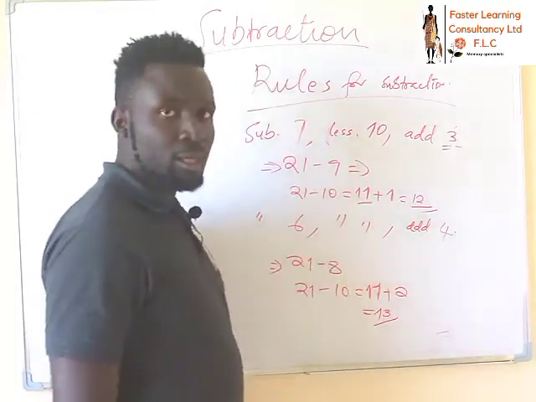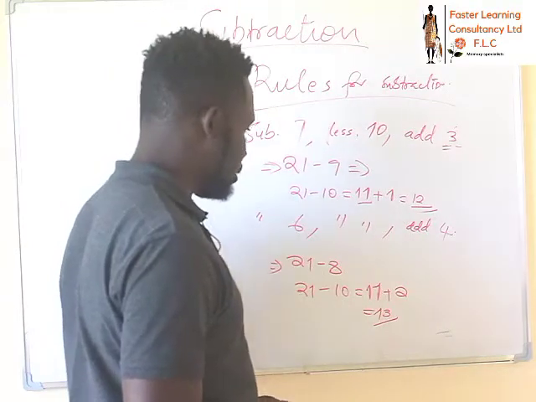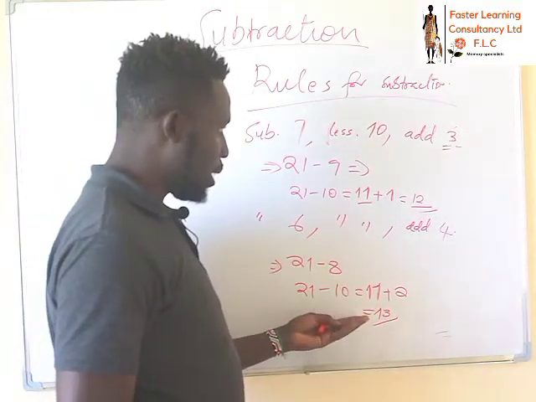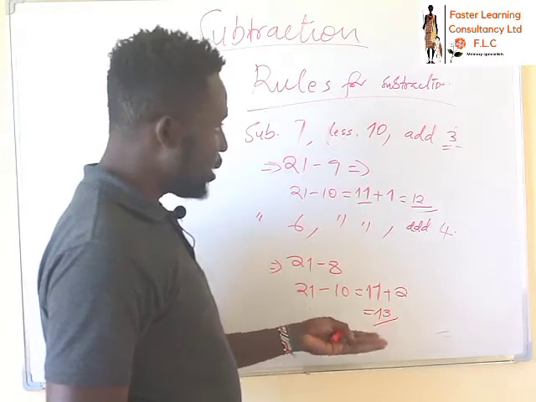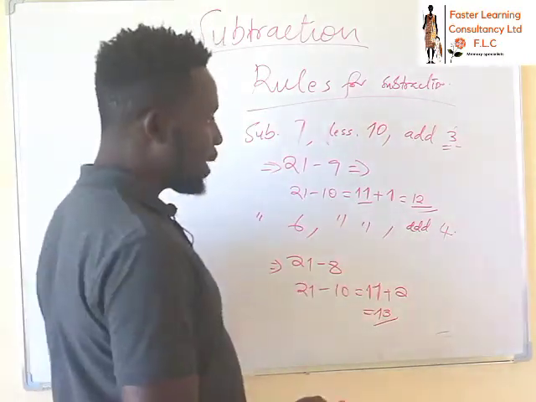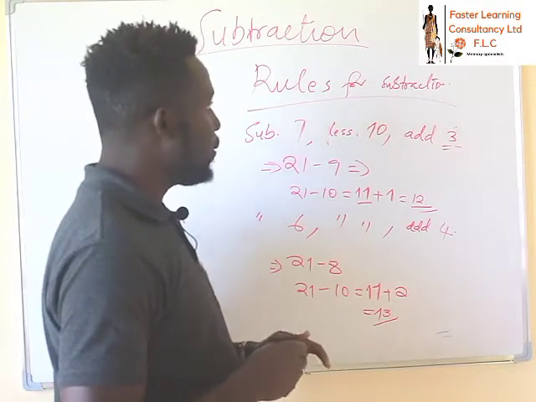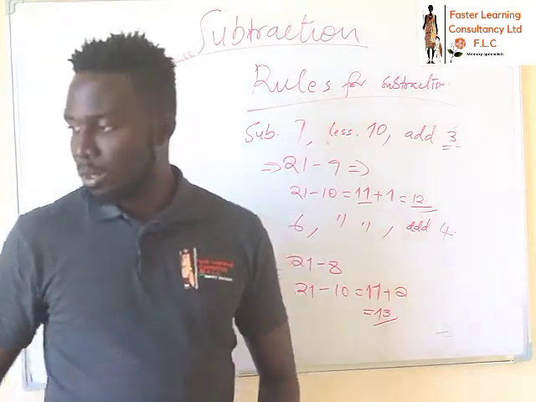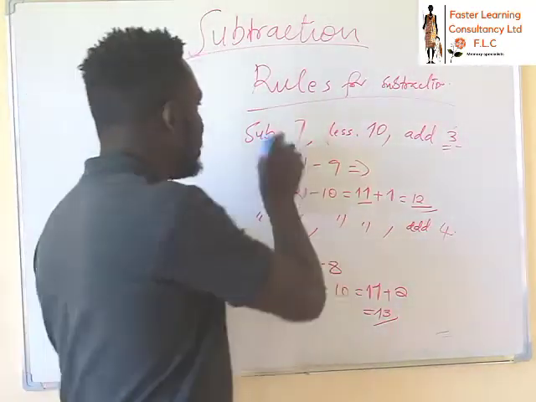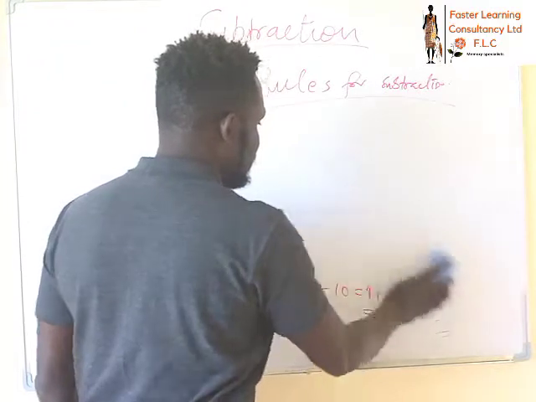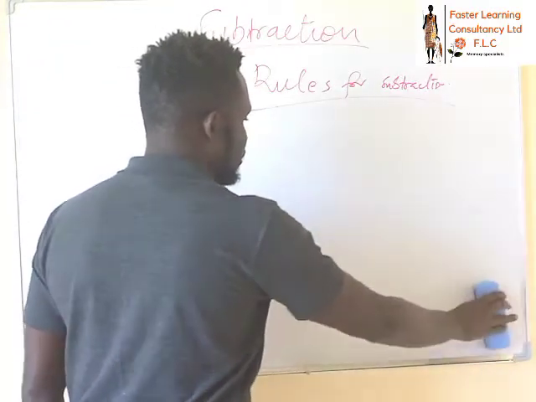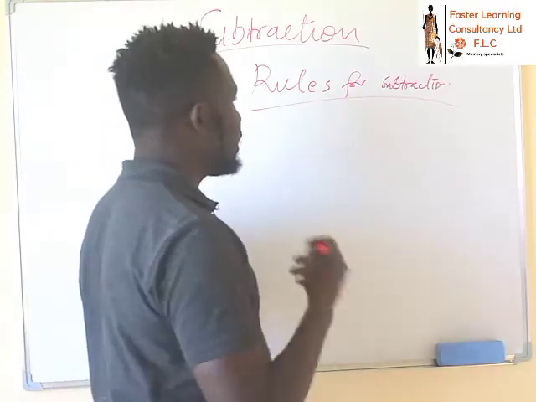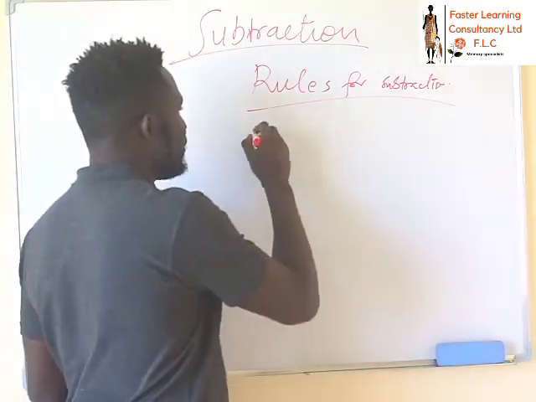You do that until you get to subtracting 1, because when you subtract 1, you can as well subtract 10 and then add 9 to it, and that makes the calculation easier. So we are going to look at some examples to explain this, and then see how that works.